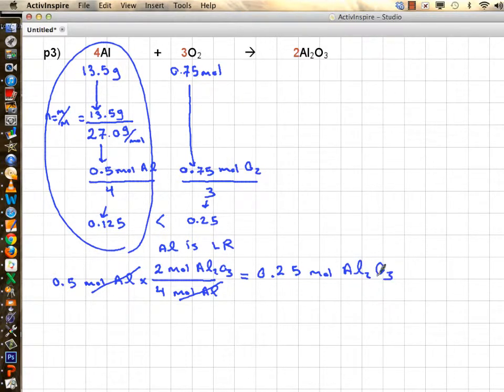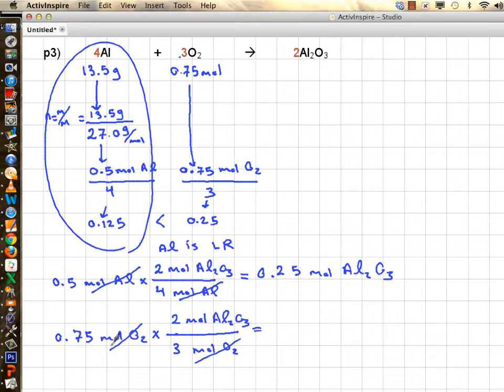Now let's do the same treatment with oxygen. You have 0.75 moles of oxygen. Let's look at our balanced equation, and proportionality is 3 to 2. So 3 moles of oxygen versus 2 moles of product aluminum oxide. Moles of oxygen cancel each other out.